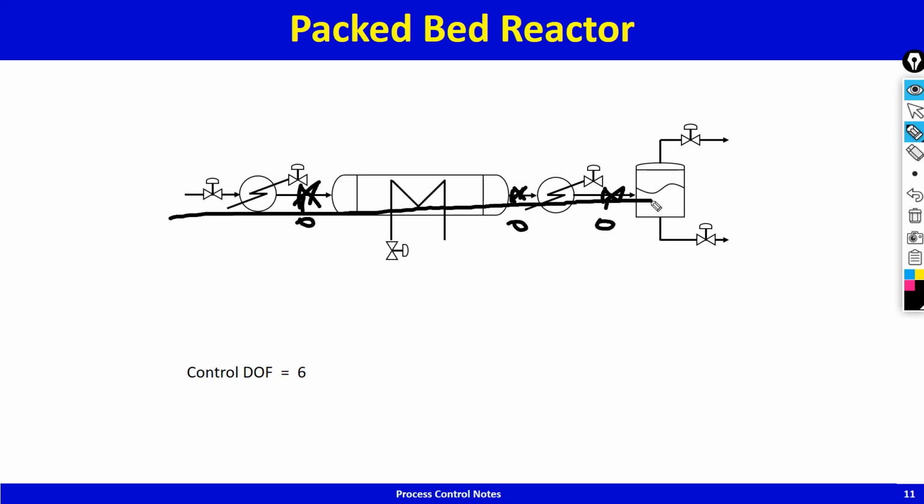Packed bed reactor is a large pipe. Cooler and heater could be a bundle of pipes, and so on and so forth, but it's all essentially incompressible flow through a pipe. So you can set the flow at only one location, and that one location that we have chosen is this guy. Okay, so that is why we don't have valves elsewhere.